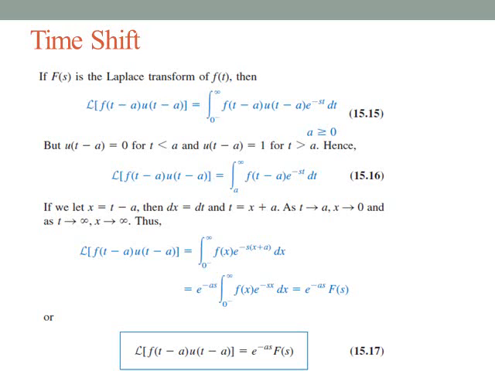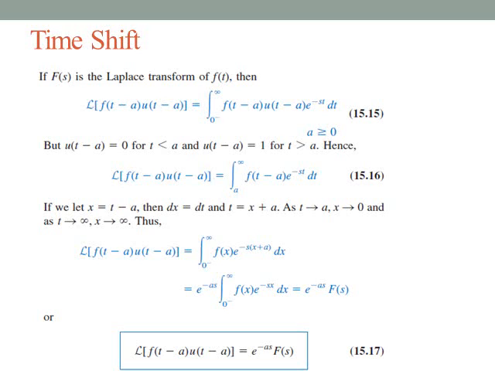The next property is shifting in time domain. Whenever a function is shifted in time domain, the overall impact in frequency domain is that an exponent e raised to power minus as is multiplied with that s domain function f of s. In equation 15.15 we can see that function f of t is shifted by a.